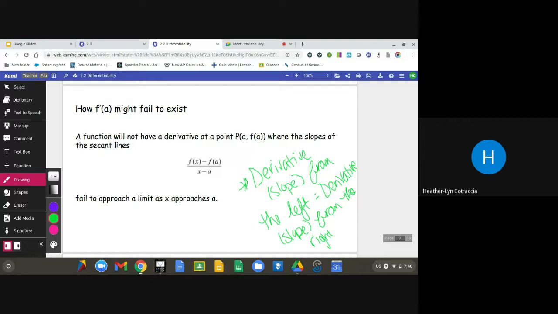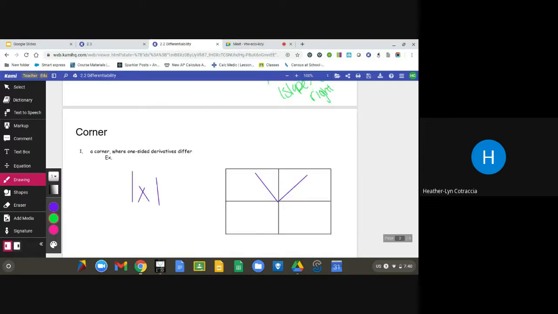So here's some examples where you might be able to see that they're not the same. So for instance, if y equals the absolute value of x, and you look over here at the graph, you can see that there's a corner there. And this is one time when the derivative does not exist. And the reason for that is, again, derivative means slope. So if you look here, the slope of that line is equal to -1.